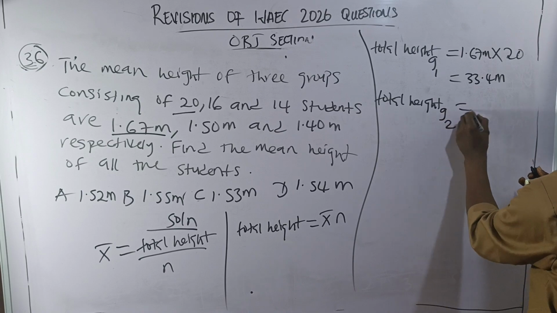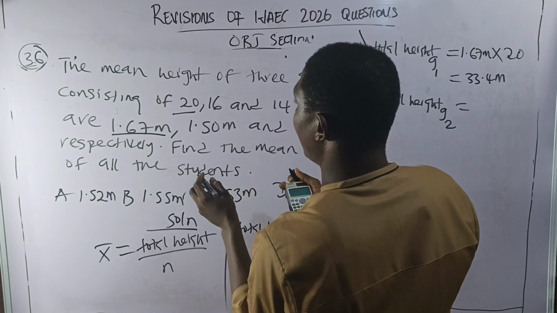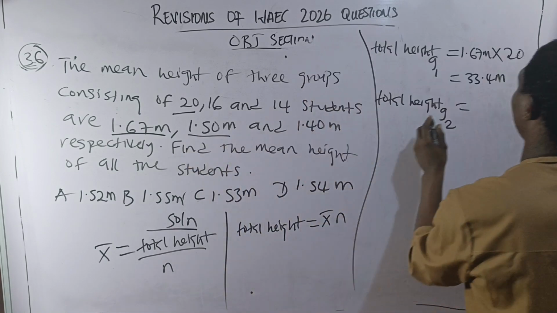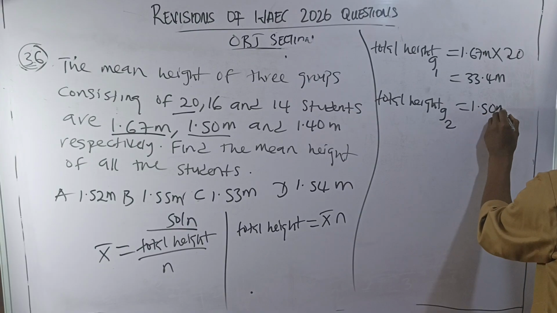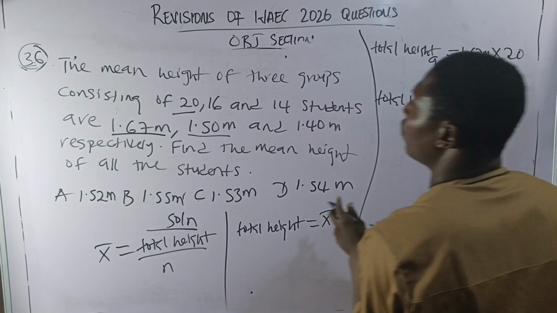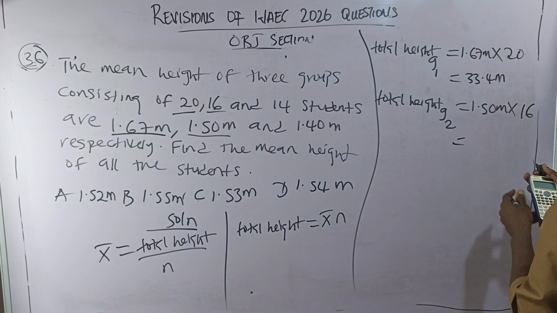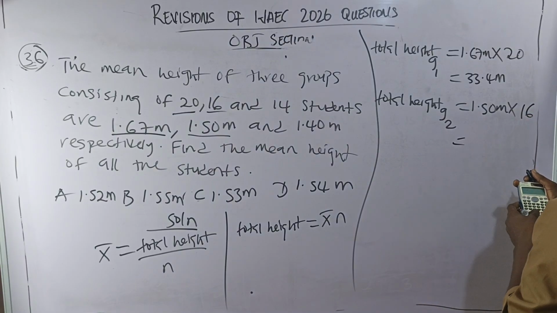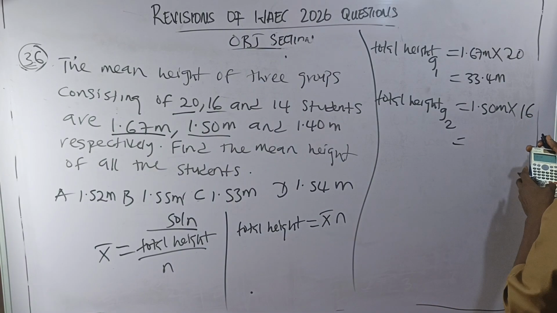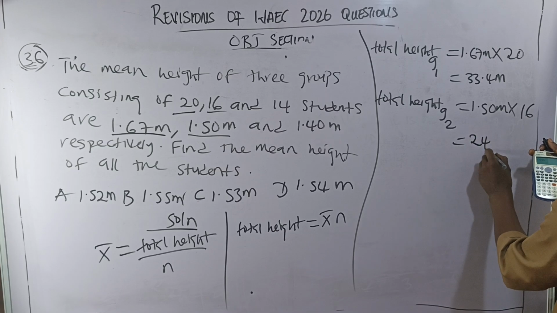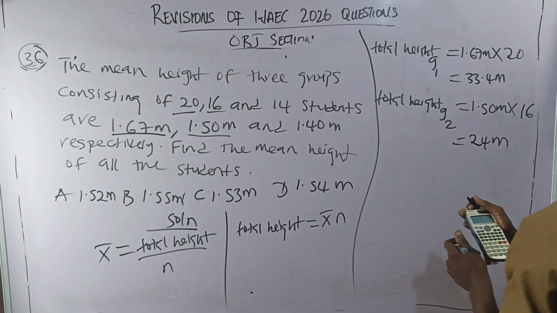Also total height for group 2. Group 2 has a mean of this. So I have 1.50 meter times the number of students, which is 16. And that will give me 1.5 times 16, giving me 24 meter.